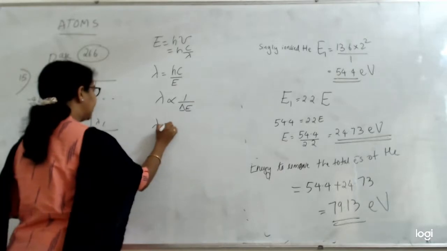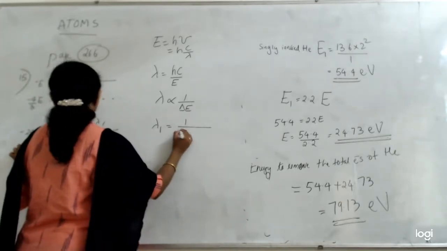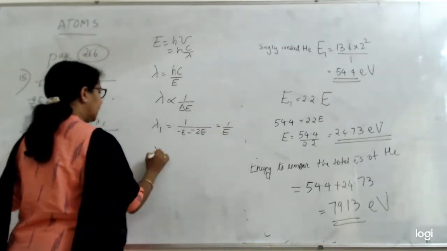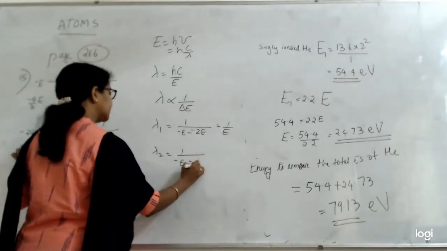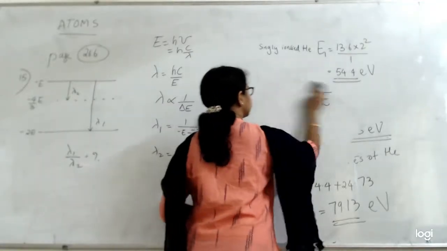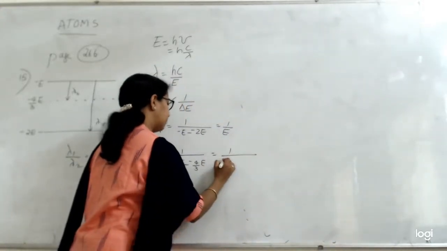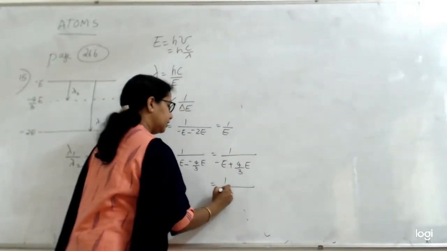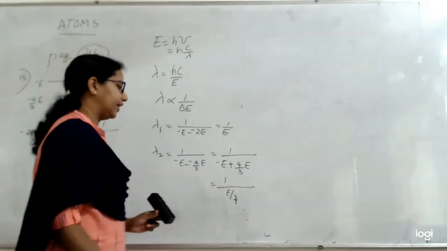So lambda 1 is due to the difference of energies minus E minus of minus 2E, that is nothing but 1 by E. Lambda 2 I can write as 1 by minus E minus of minus 4 by 3E, that is 1 by minus E plus 4 by 3E. Taking 3 as the LCM, that is E by 3.